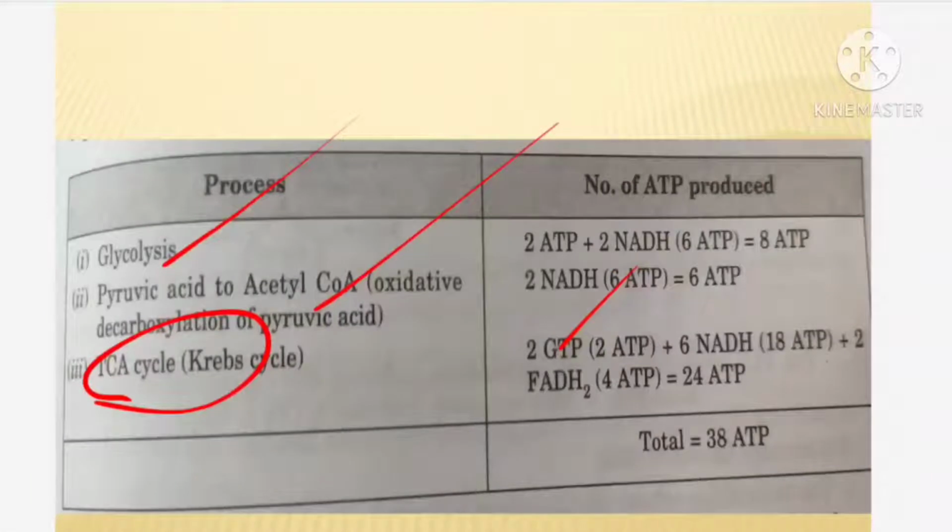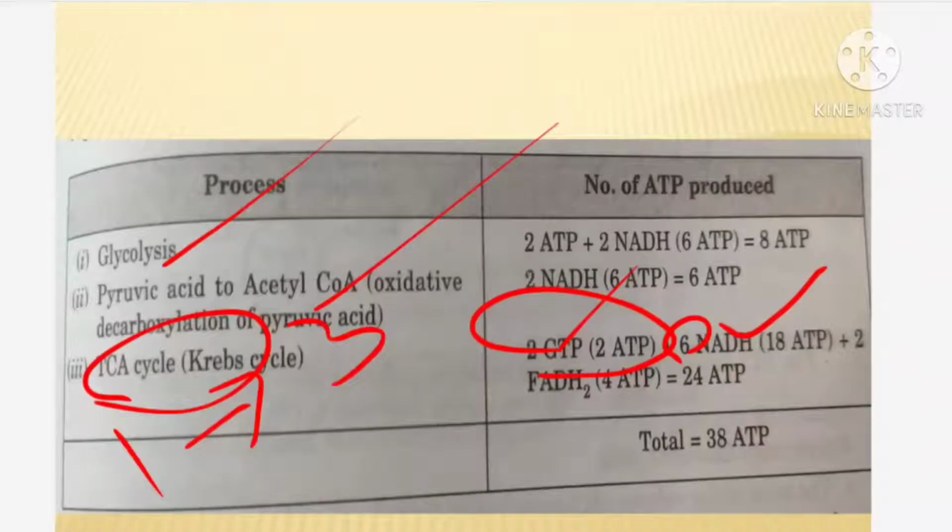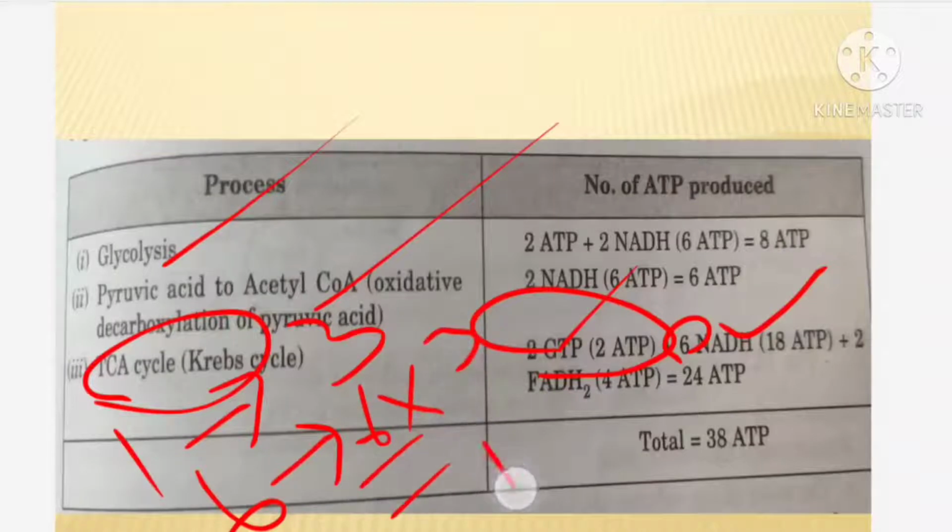How many ATP are produced? 2 ATPs. How many NADH2? 1 pyruvic acid gives 3, 2 pyruvic acids will produce 6. We know that 1 NADH2 is equivalent to 3 ATP, so 6 into 3 is equal to 18 ATP molecules.